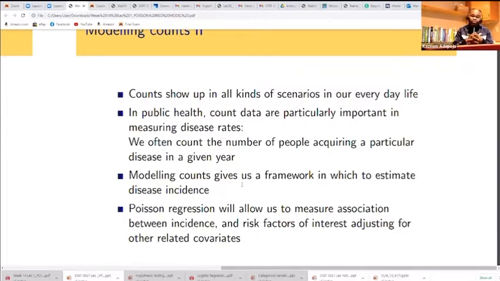I said we can only use the Poisson regression model if we really want to model counts as a function of covariates.